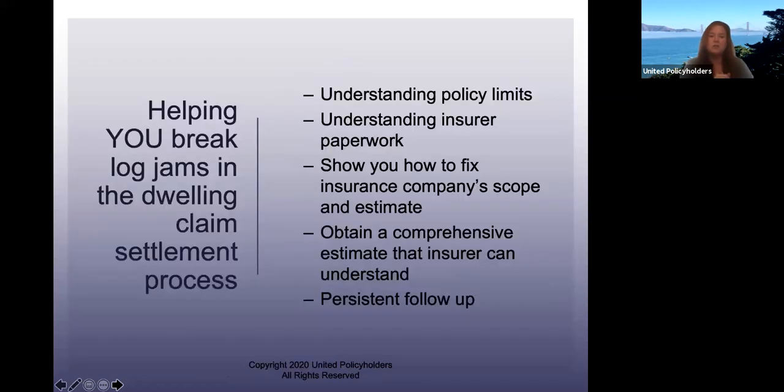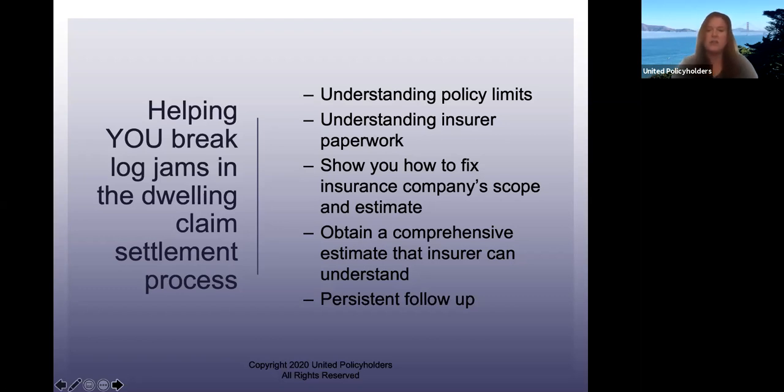Okay, so here's what we're going to have on today's agenda. What we want to do is help you help yourself break through these log jams. When I say that, I mean the difference between what your insurance company believes they owe you for your dwelling, and we're going to stick pretty much to the dwelling, and what it's actually going to cost to repair or replace the home you lost. We want to maximize the recovery that you're entitled to under the policy that you purchased for this purpose.